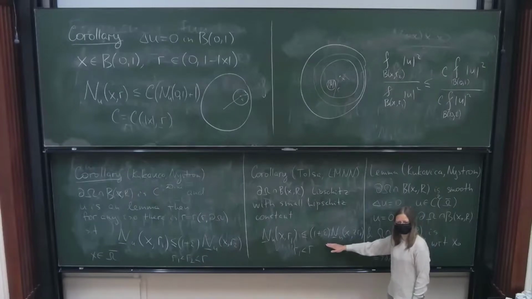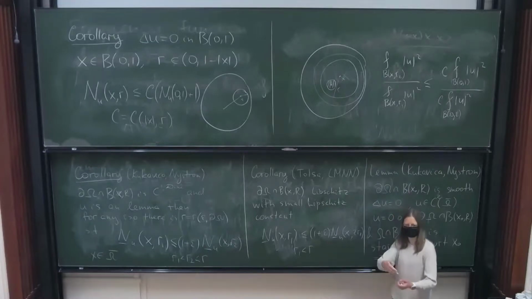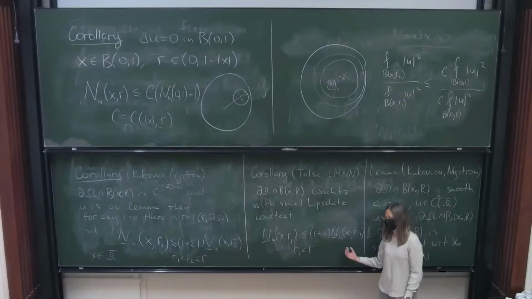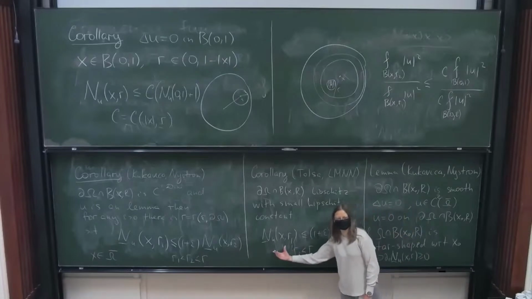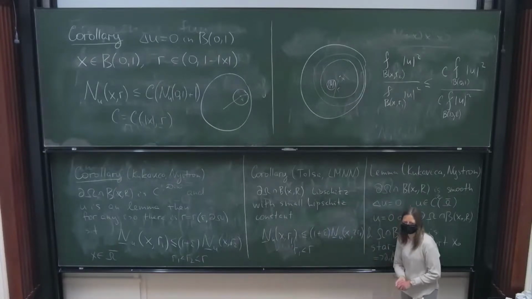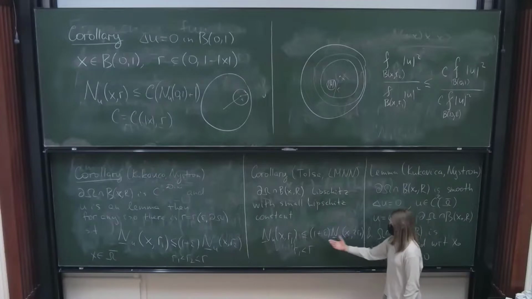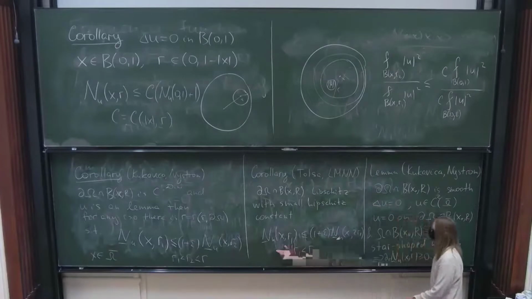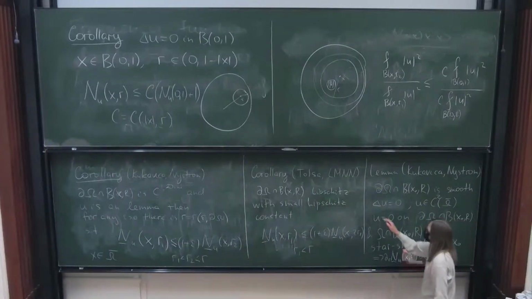I don't have examples of harmonic functions that vanish on the boundary, this boundary being Lipschitz, for which you can show that the frequency actually blows up. It would be nice to see those effects. But what we know is that it doesn't blow up too much.